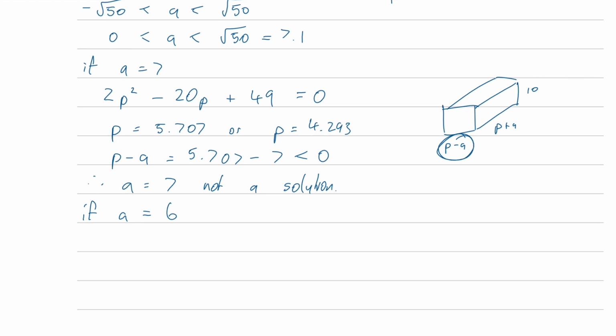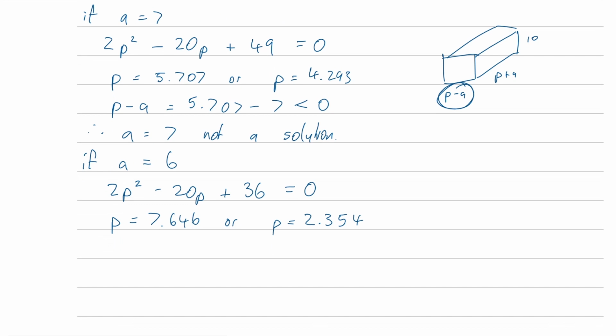We repeat the same process, so 2p squared minus 20p plus a squared 36 equals 0. Use polysolve or graph it and find p equals 7.646 or p equals 2.354. Now, looking at the dimensions, p minus a will be, well, we have two p values to choose from.